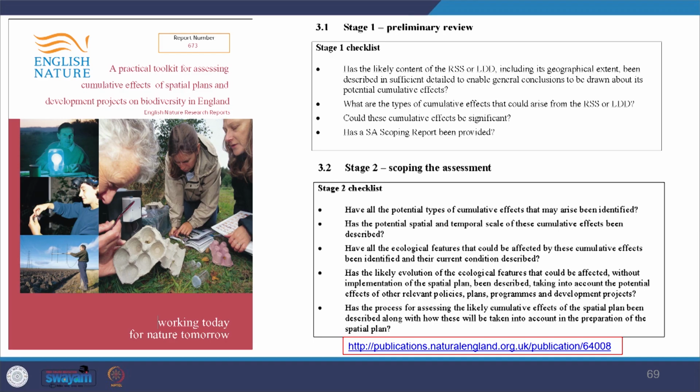So all the range of guidelines which we were seeing, all the sectoral guidelines we were seeing, everyone was defining cumulative effects. Conceptually it might be the same, but it might be very specific as per the different sectors. So you need to define cumulative effects when you're dealing with it, and then also define the temporal and spatial limit.